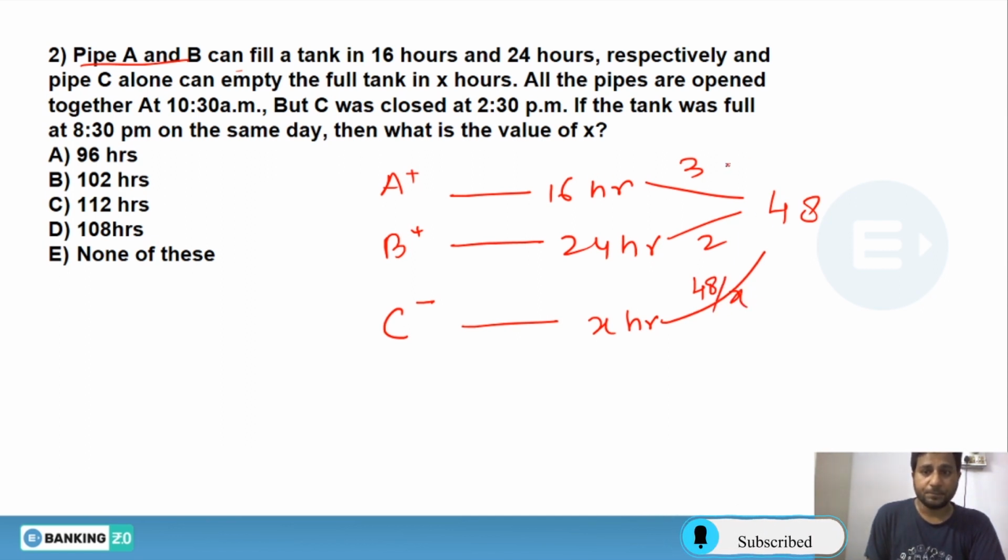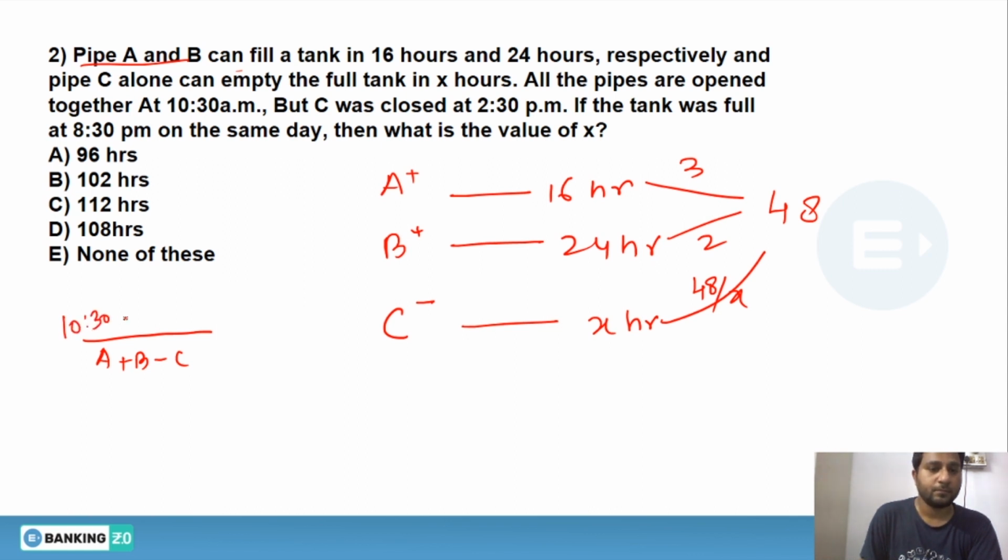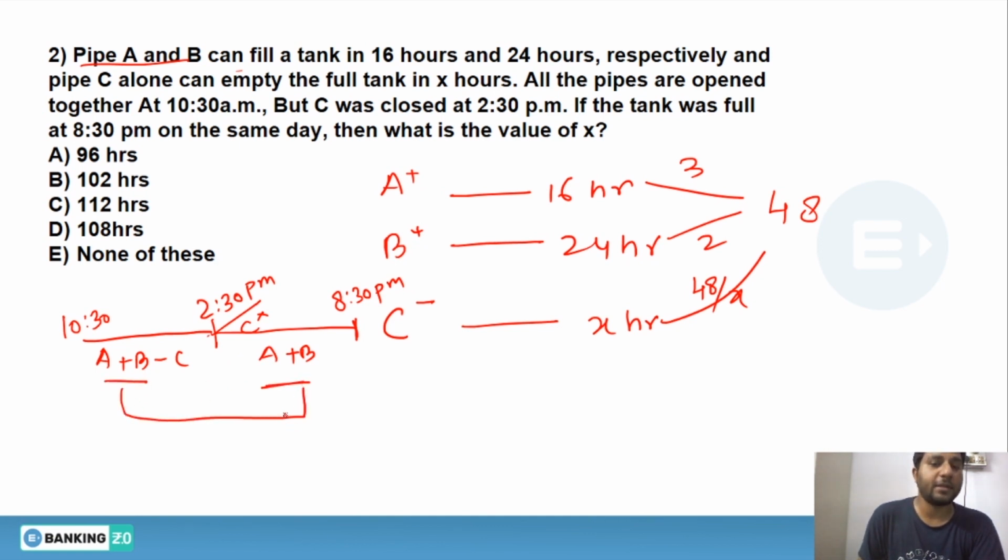Alright, now as we know all the 3 pipes are opened at 10:30 a.m. but C was closed at 2:30 p.m. After that A and B were kept working, but the whole tank was completed at 8:30 p.m. That means these 2 pipes will be there for the whole period.